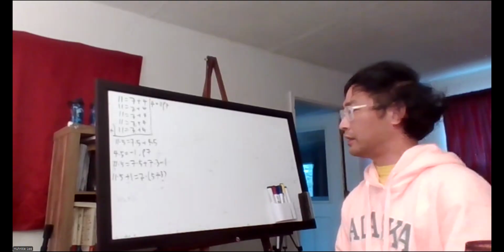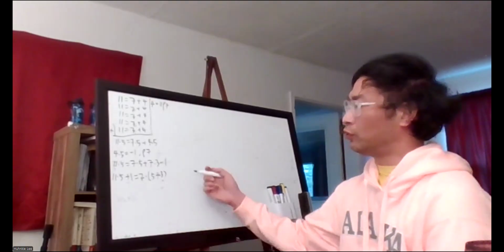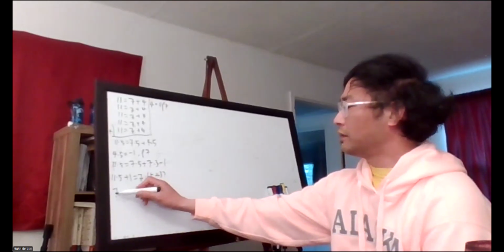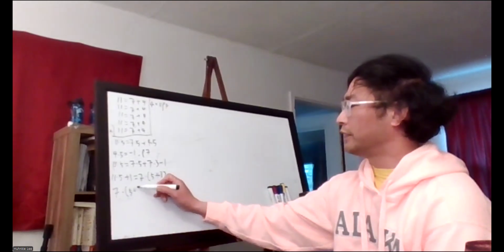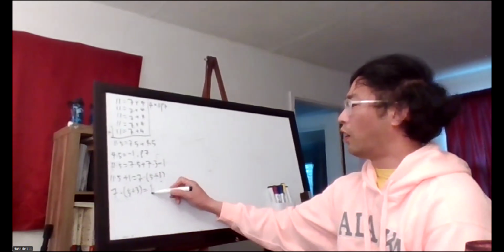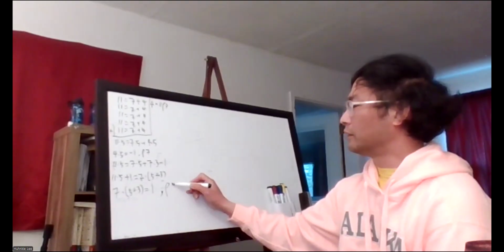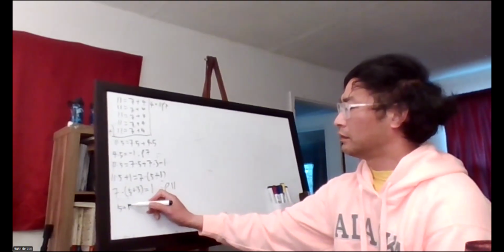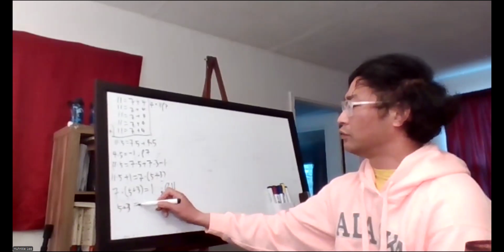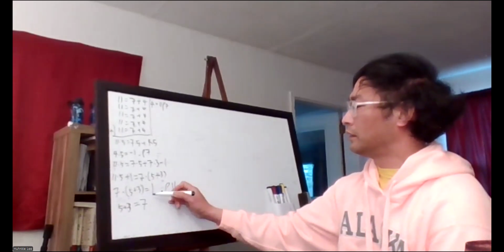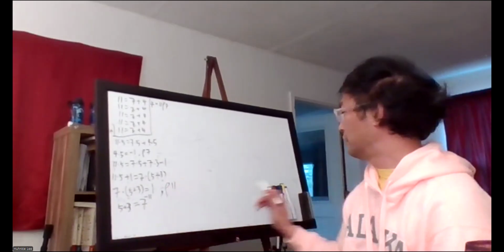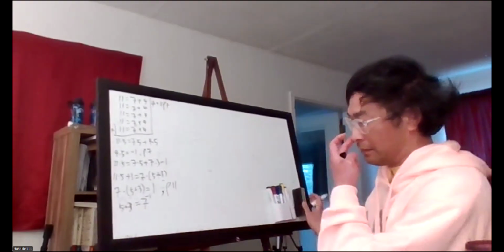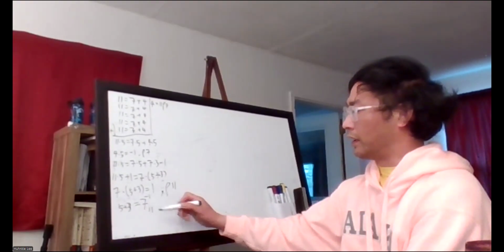By doing this, if we do mod 11, we have 7 times 5 plus 3 is equal to 1 mod 11, meaning this 5 plus 3 is equal to 7's, not 11 this time, 7's multiplicative inverse, mod 11, okay?